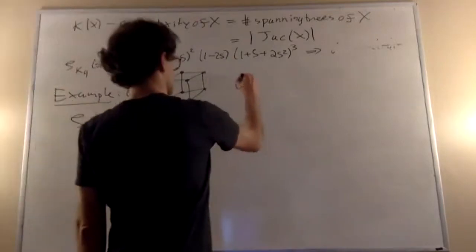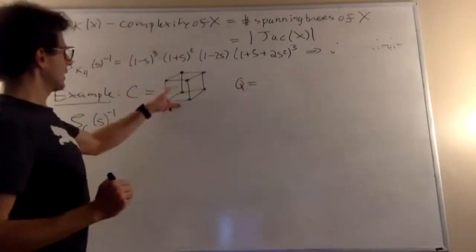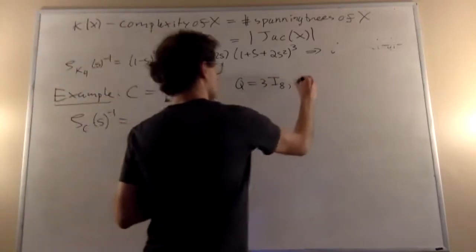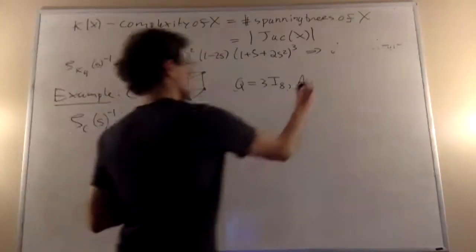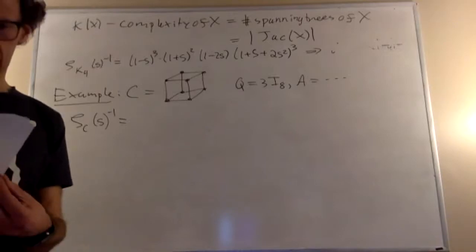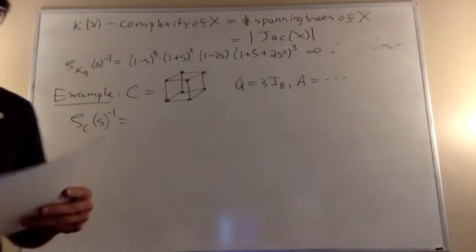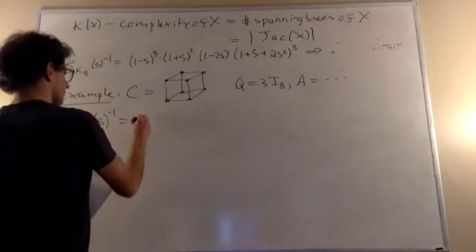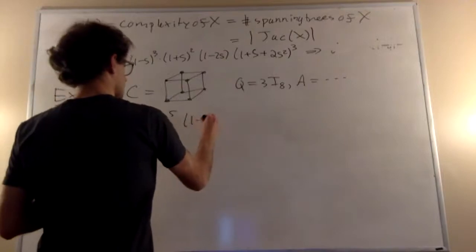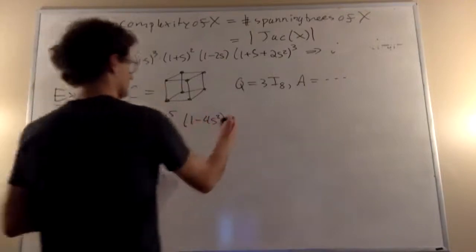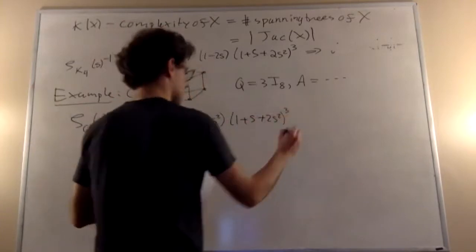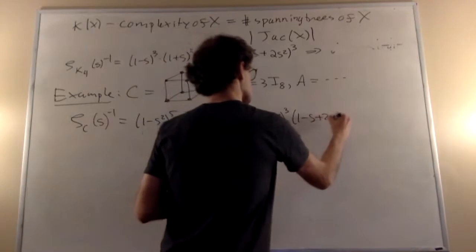Well, the matrix Q is not hard. Every vertex is trivalent, so this will be 3 times I8. The matrix A is a little bit more annoying, so there are some calculations that you have to do. Now, let me just tell you what the answer is. 1 minus s squared to the 5, 1 minus 4s squared, 1 plus s plus 2s squared cubed, 1 minus s plus 2s squared cubed.